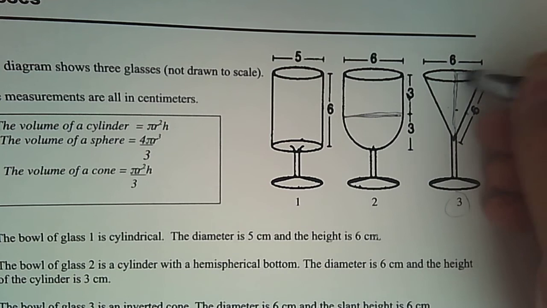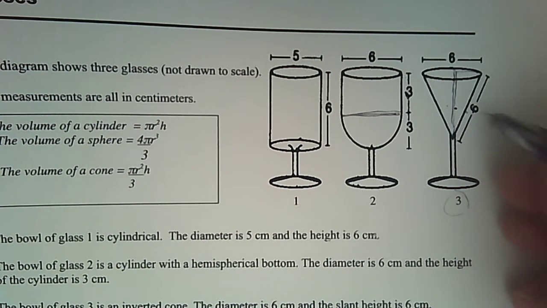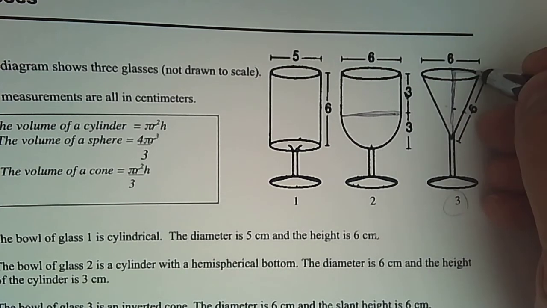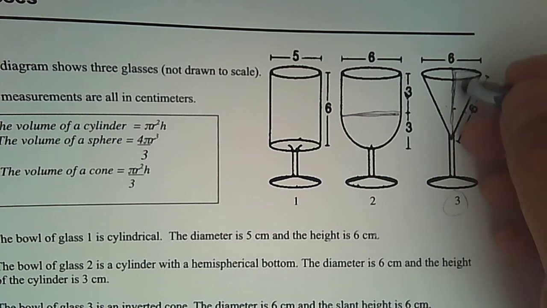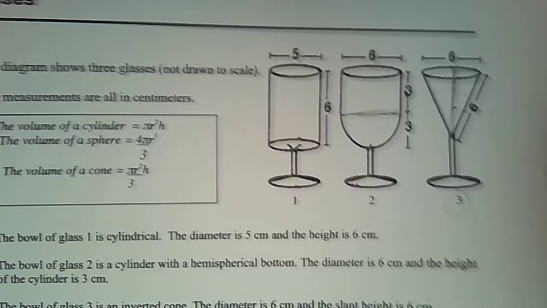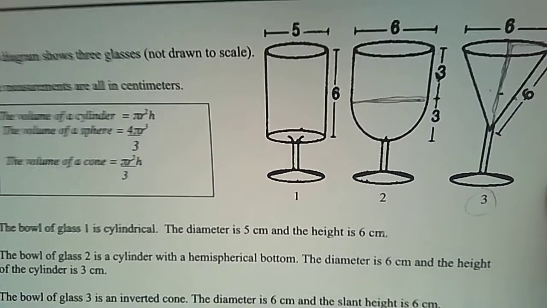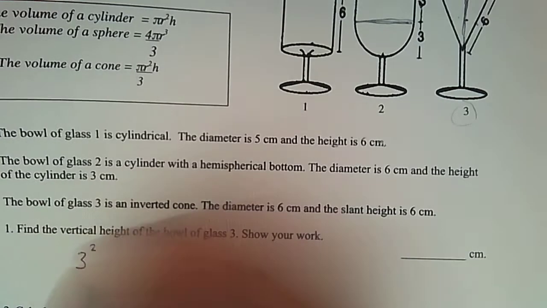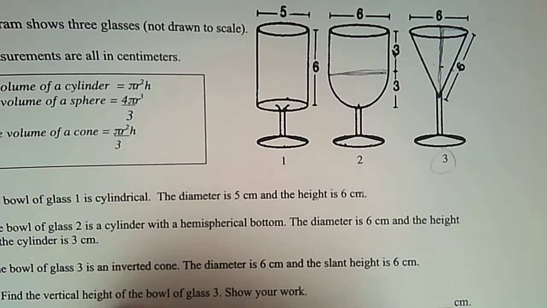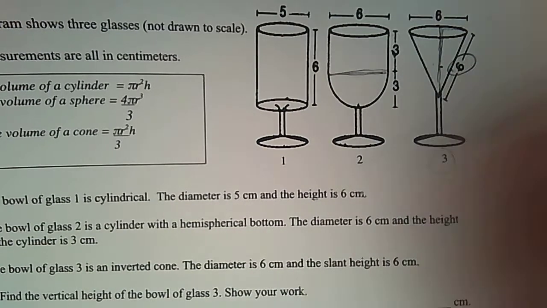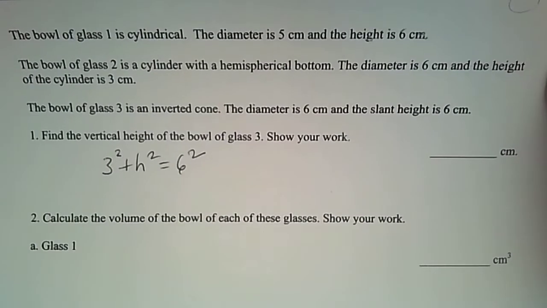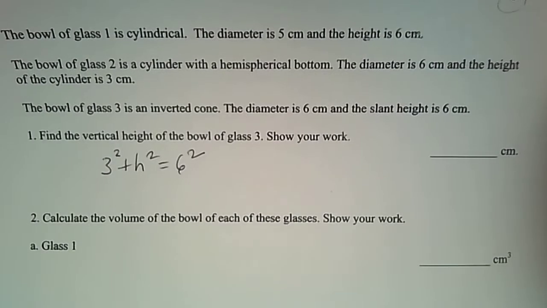If I want to find the height for the last one, understand that the diameter is 6, so that means this is the radius. I know the slant height, but I don't know the straight up height. So we're just going to create a right triangle. The hypotenuse is 6. So we have 3 squared, that's that radius, plus the height squared, and then the slant height, which is 6.